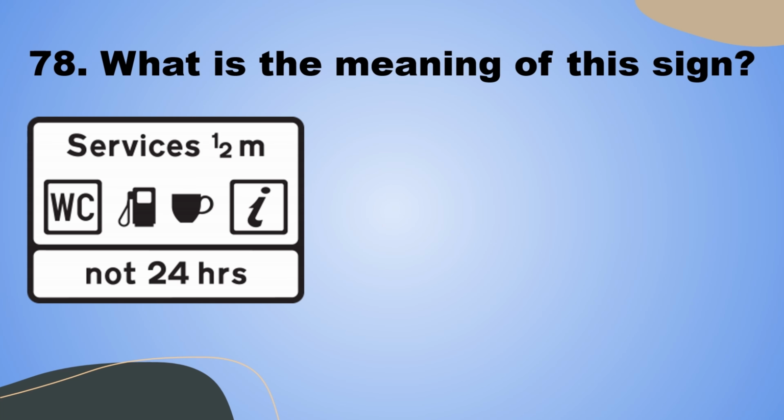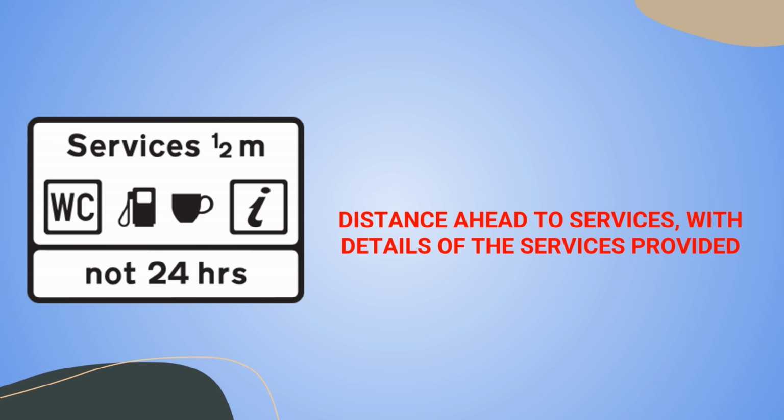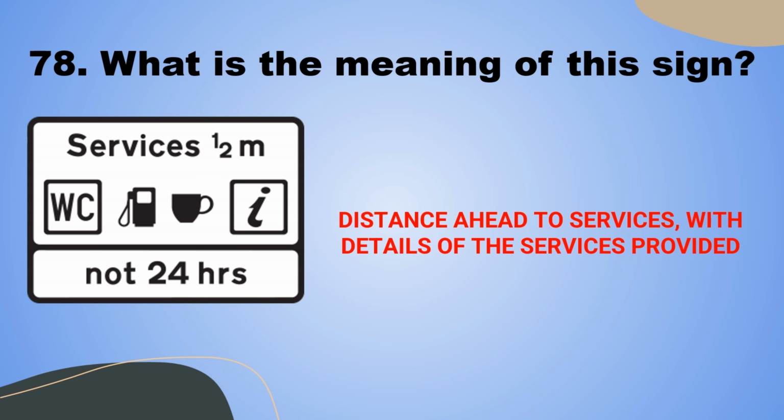Again, this is very similar to the previous sign we've seen of this nature, but it's a bit different. The meaning of this sign is distance ahead to services with details of the services provided. Services, half a mile, you have toilets available, you have a petrol station as well, you have a restaurant available, it's an information center as well, but please pay attention to this particular sign.